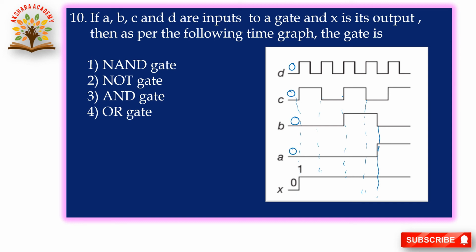So the output is 0 only when both inputs are 0 in an OR gate. So the gate is OR gate. Fourth option is correct.